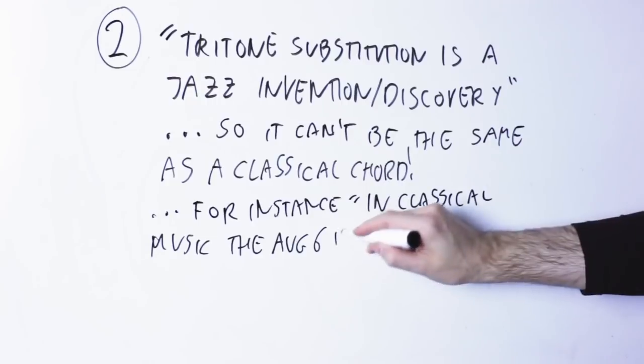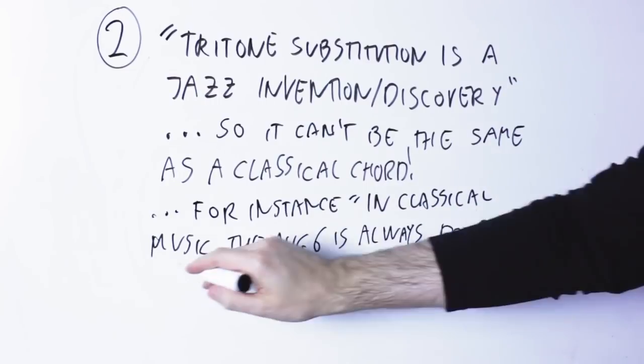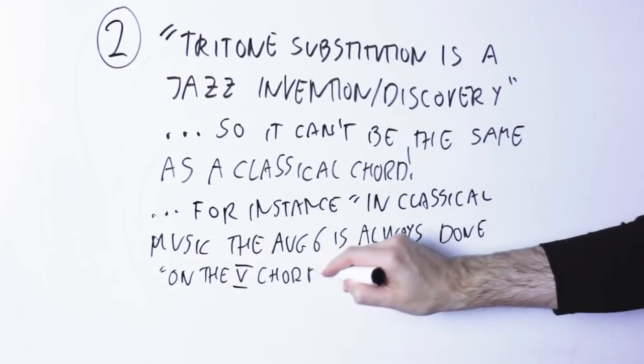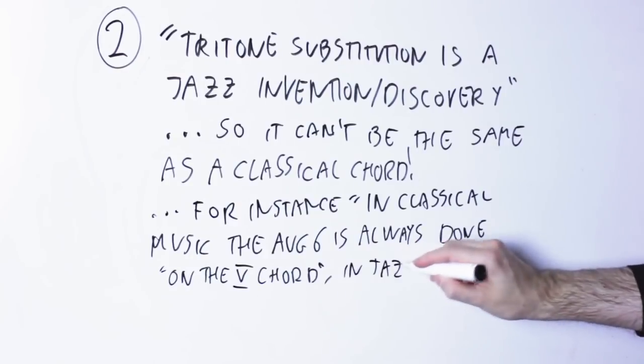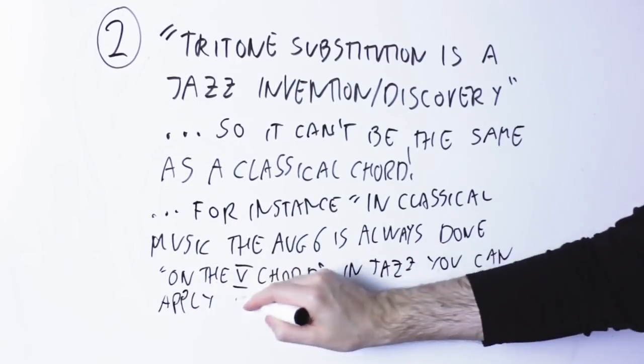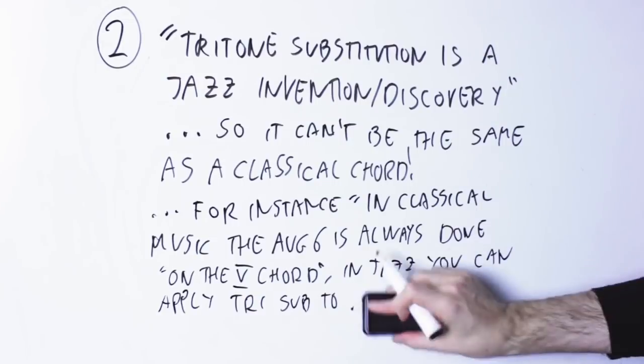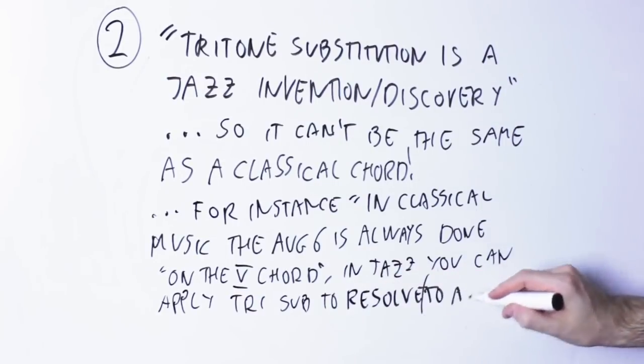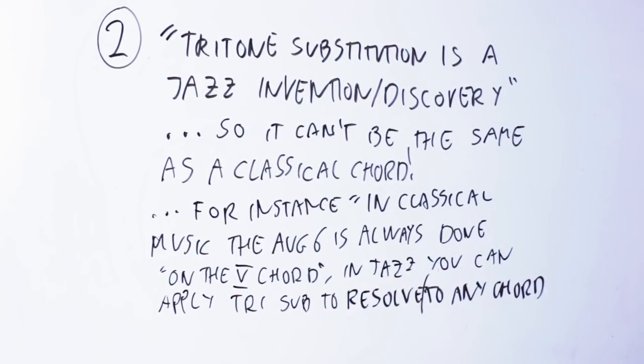So most jazz theorists will point out that the augmented sixth chord is always an A flat in C major, and it always resolves to the fifth chord of the key, while the tritone substitution can be applied in several other places in the key.